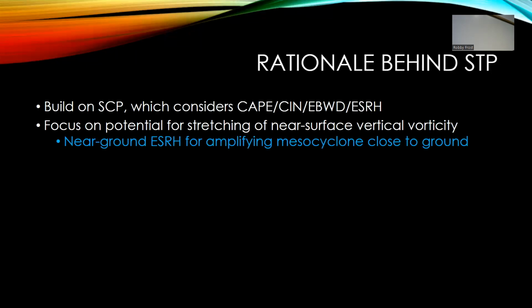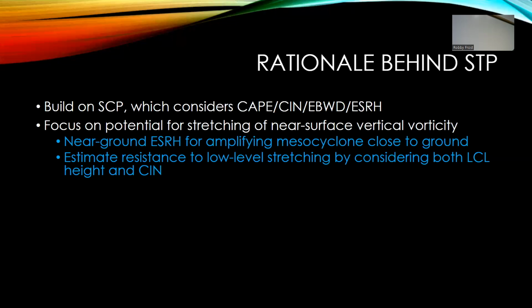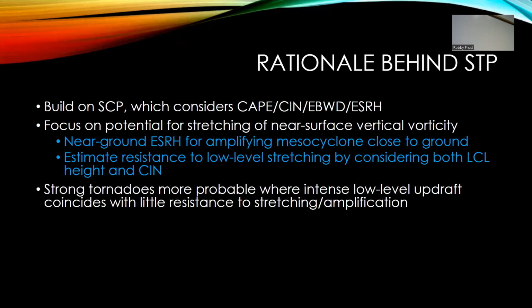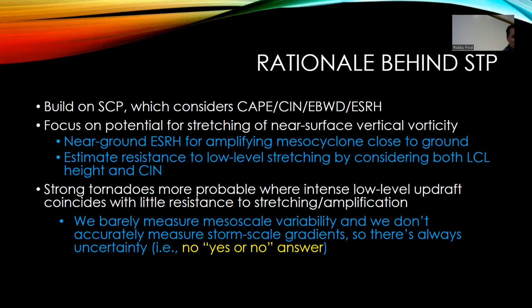So the idea is looking for vorticity in the lower part of the effective storm inflow layer, and then considering both the LCL height and inhibition, because you notice the supercell composite didn't say anything about LCL height. It doesn't care. A high-based supercell doesn't make it a weak supercell, it just makes it high-based. That doesn't necessarily affect hail production too much. So strong tornadoes are more probable when you get a strong low-level updraft and not much resistance to forced descent.